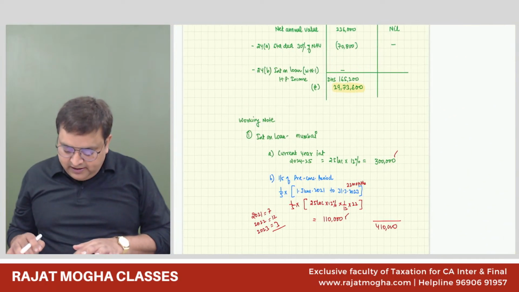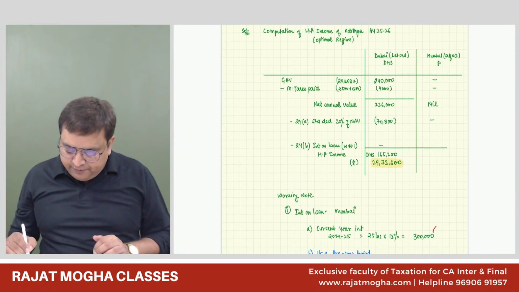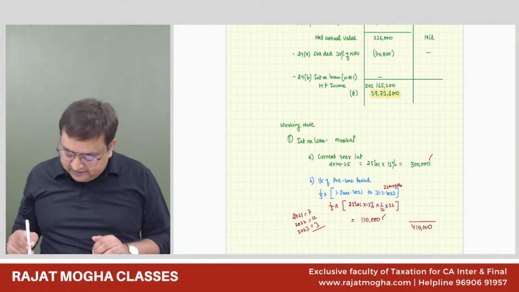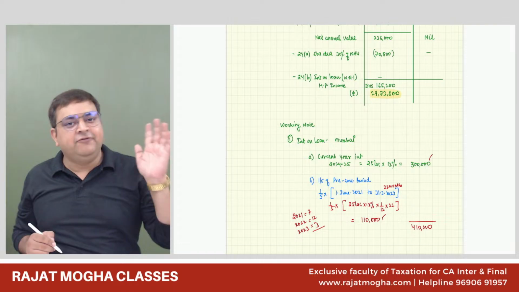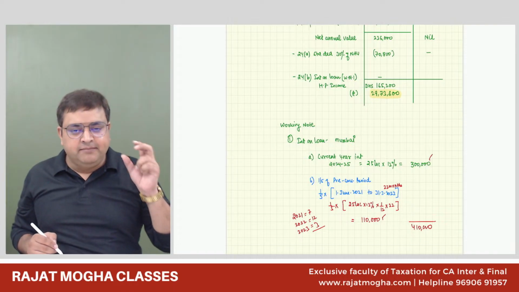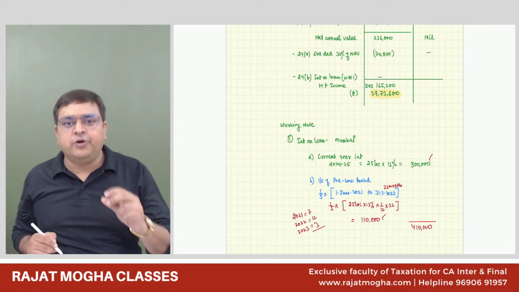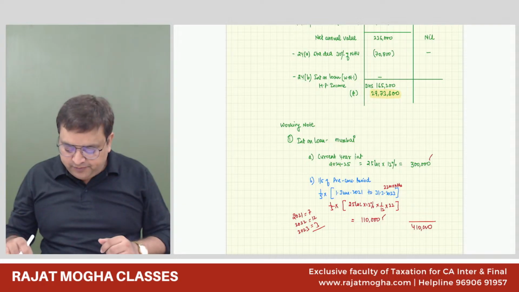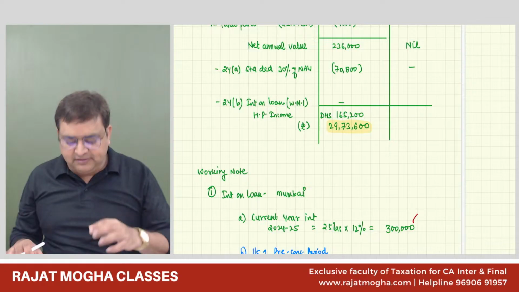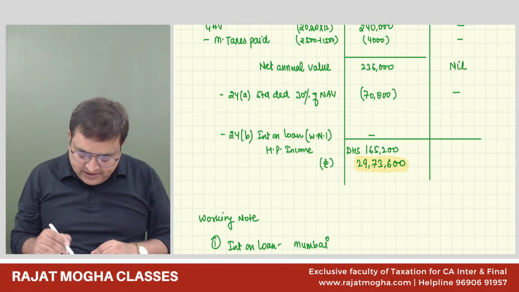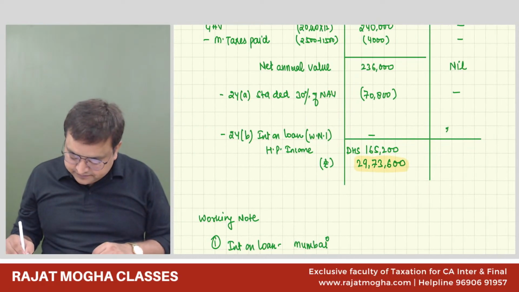So I know that for self-occupied property, the interest is coming as 4,10,000. Had it been a let out property, I could have taken 4,10,000 entirely. But it is a self-occupied property. For self-occupied property, there is a restriction of 2 lakh rupees. If it is for repairs, renovation, etc., then 30,000. Otherwise, 2 lakh. So here it would be 2 lakh rupees.